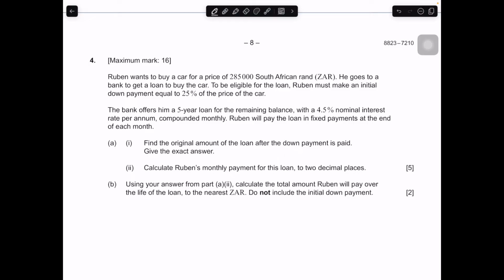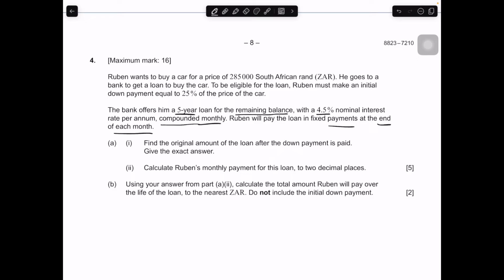The bank offers him a 5-year loan for the remaining balance with a 4.5% nominal interest rate per year, compounded monthly. Ruben will pay the loan in fixed payments at the end of each month. Find the original amount of the loan after the down payment is paid.